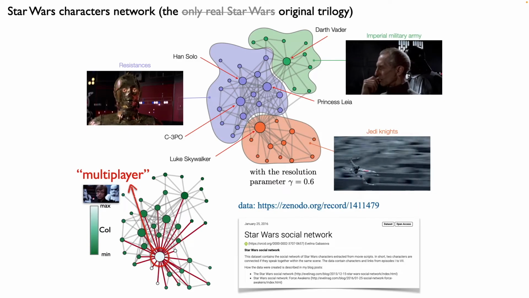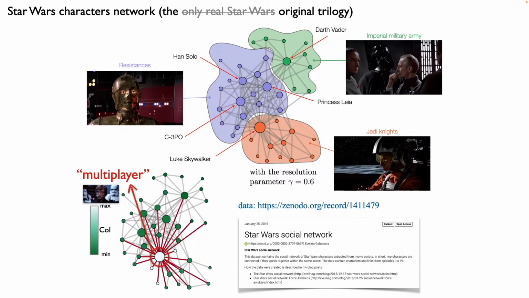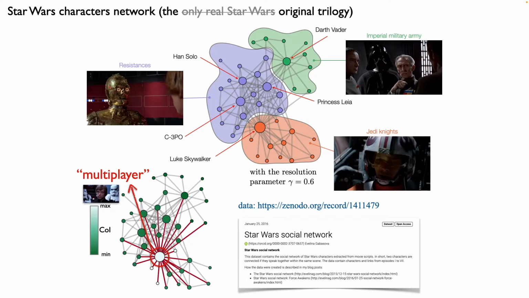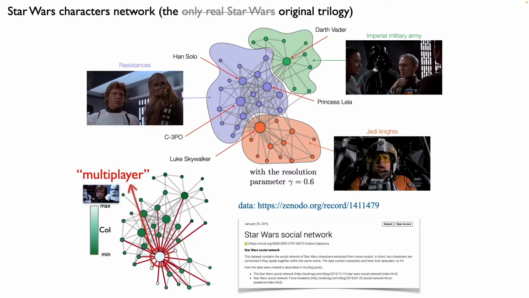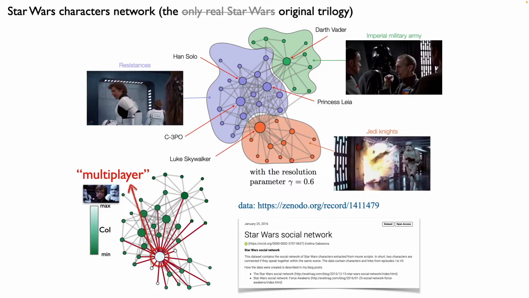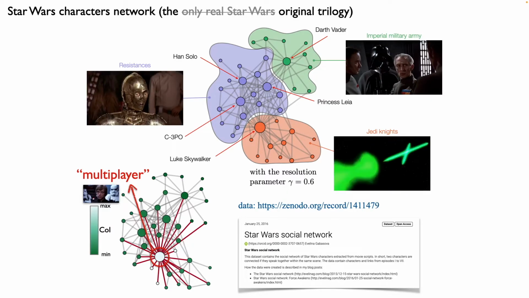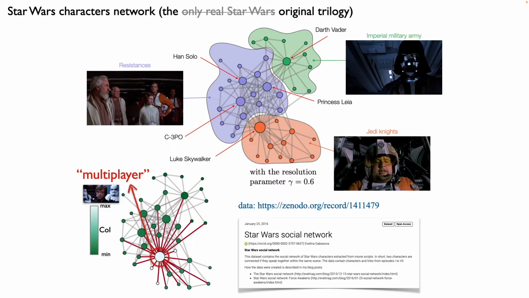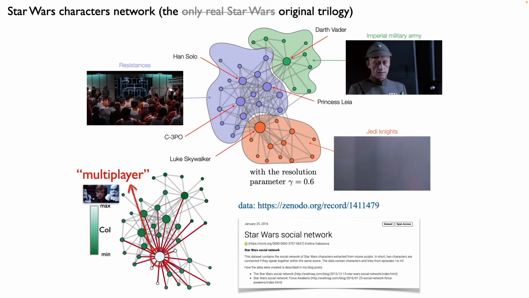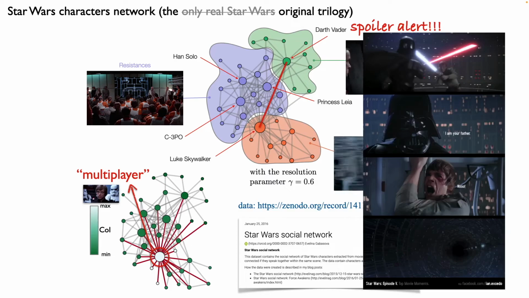The second example is a slightly bigger one, the Star Wars characters network. For those of you who know this stuff, these are networks of characters appearing in the original trilogy of the Star Wars movies, and they are connected if they appear in the same scene. In this network, Luke Skywalker, the main protagonist of the entire series, naturally interacts with various characters in different communities, including his father.